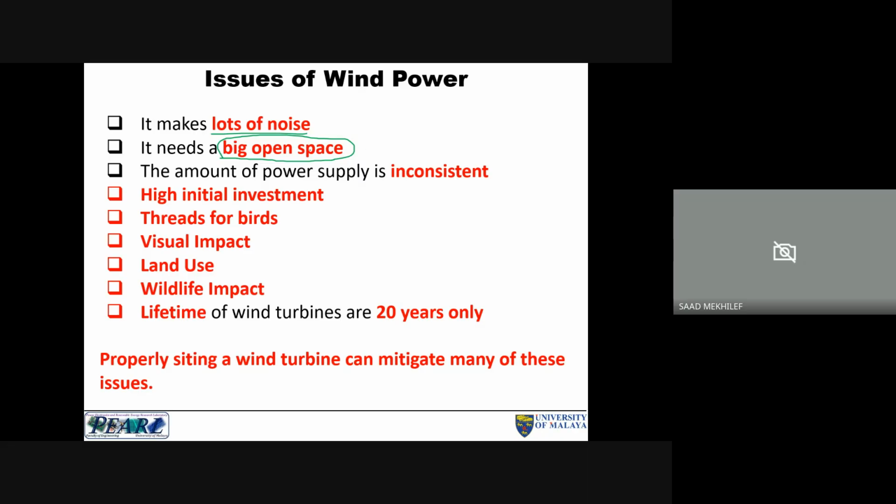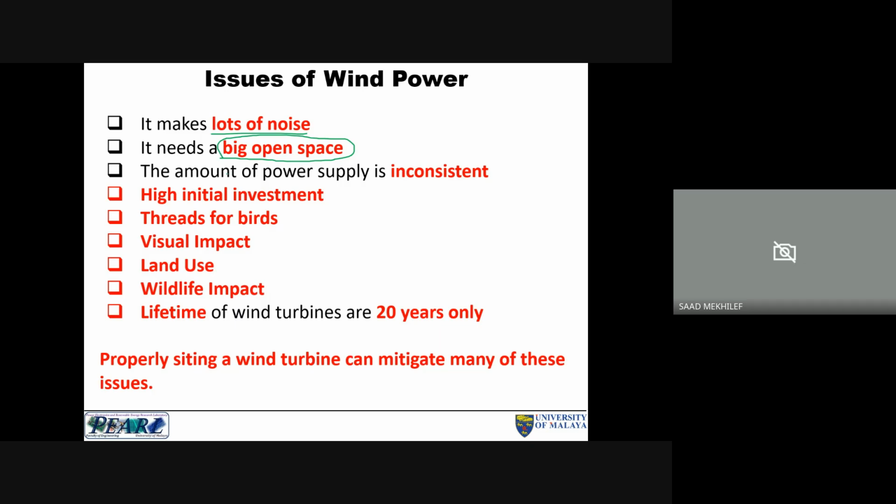So that's why most of them will be installed on hilly areas, and maybe on the shore, facing the sea, or offshore, on the sea. But space is actually a major problem for all renewables, because, for example, if you want to install large PV panels or large solar and wind farms, space is very important.